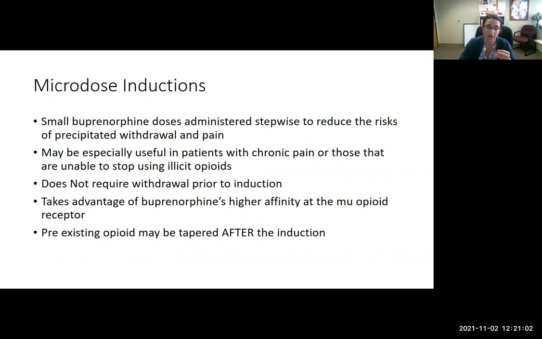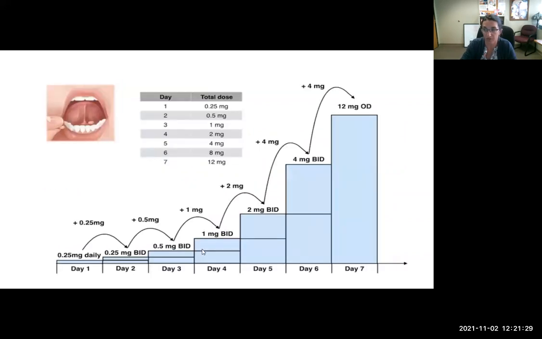And the real key difference is these inductions do not require withdrawal prior to induction, and take advantage again of what I was saying, that buprenorphine has that higher affinity at the mu opioid receptor, and so will eventually wash out the other opioid. And then once that occurs, usually, and I'll show you this slide, I think it's coming up soon, the pre-existing opioid can then be tapered after the induction has already started with buprenorphine.